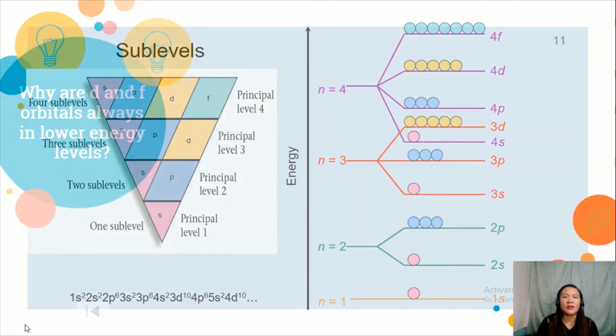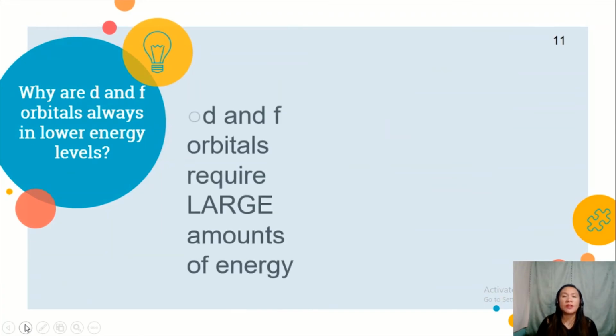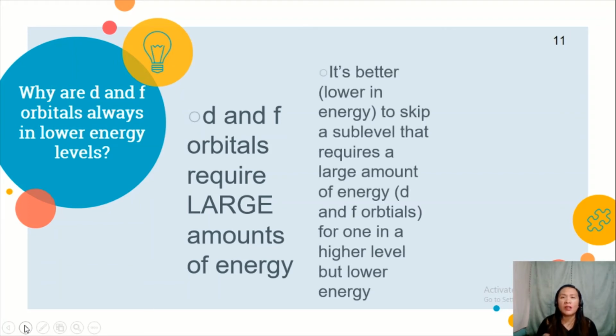It's because the d and f orbitals actually require large amounts of energy. And it's better for us to skip a sublevel that would require a large amount of energy for one that is in a higher level but lower energy.